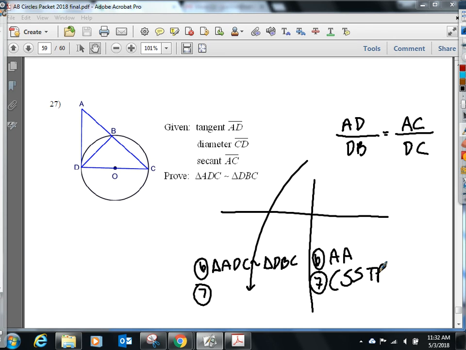And one more step for review. What if I wanted this? AD times DC equals DB times AC. Going this way, cross multiplying. Why are those equal? Product of the means equals product of the extremes. Yep.